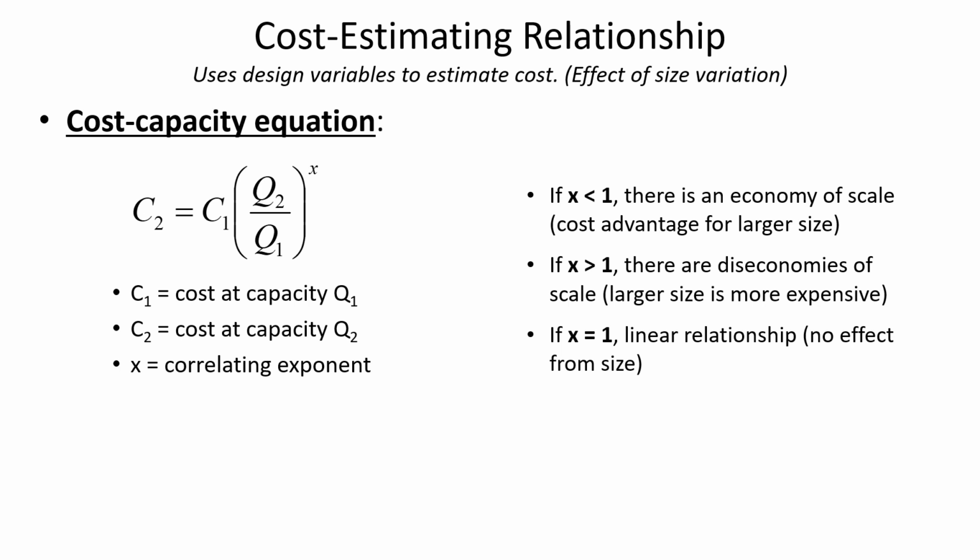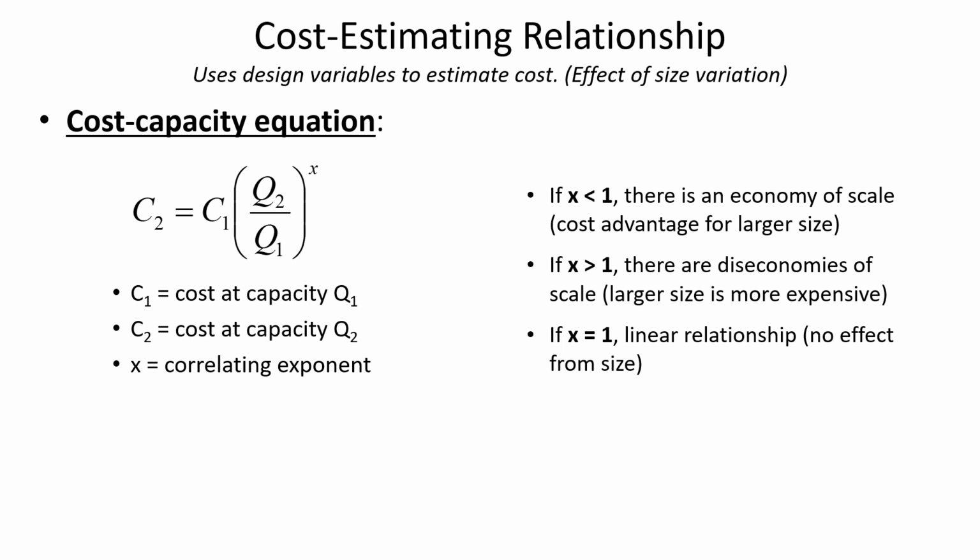So when x is less than 1, that's what we call an economy of scale. So it's the classic figure that I think you've seen the chart for in a previous lecture when we were talking about fixed costs and variable costs.